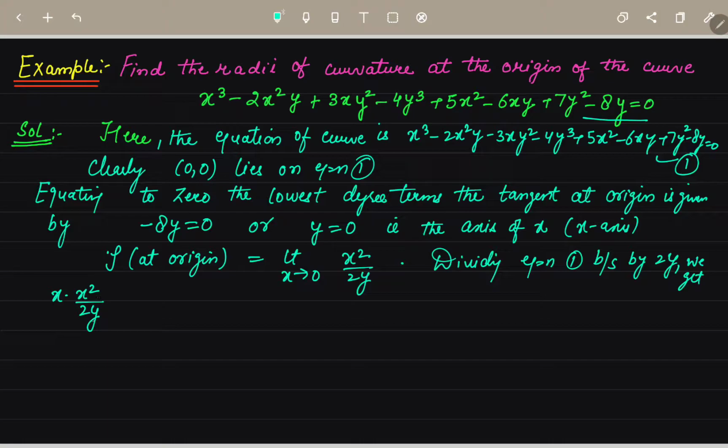So x into x square by 2y minus 2 times x square y divided by 2y.